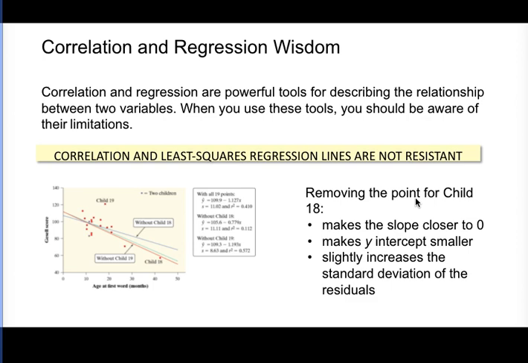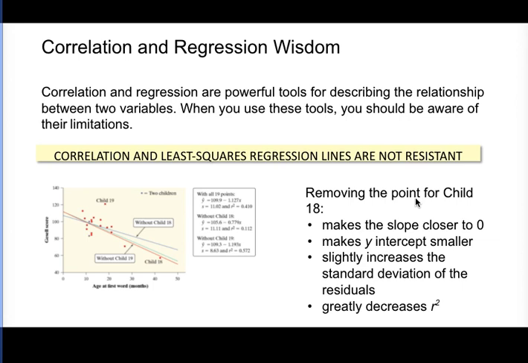What that also means is that the standard deviation, the variation of the residuals, is going to increase slightly. So the variance is a little bigger. Your R squared, your line, is a little weaker now because we have that child 19 right here, right?